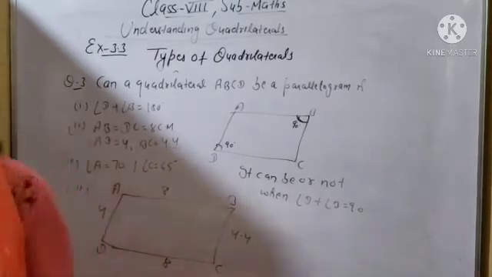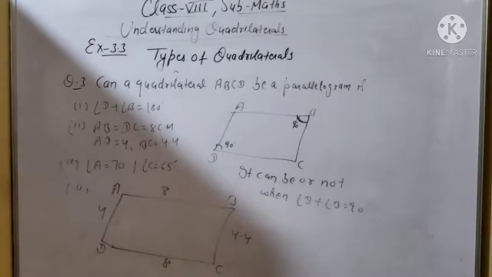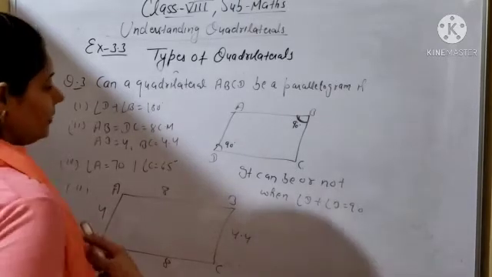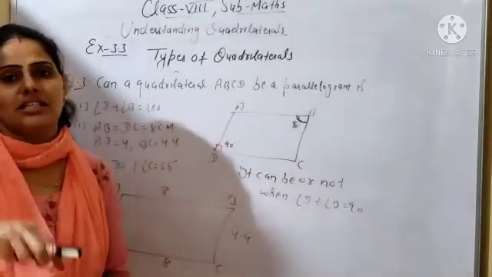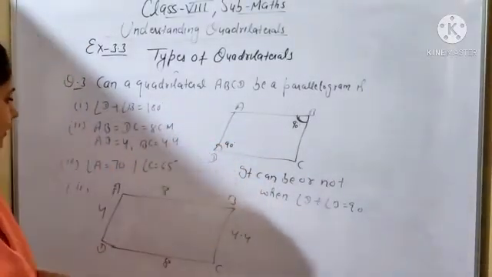So you have to tell whether this quadrilateral can be a parallelogram. And what have I told you about the parallelogram, beta? A parallelogram is where opposite sides are equal. The parallelogram definition is opposite sides are parallel and equal.